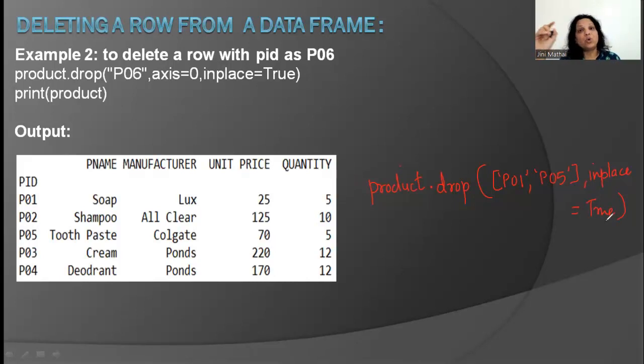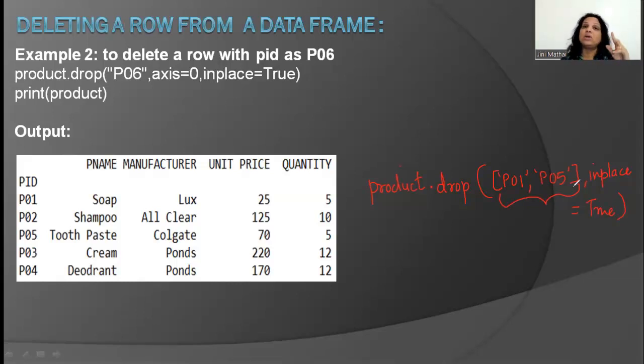Then in that scenario, what do I do? That means I'm talking about a generalized statement. Imagine if this had 1,000 records, out of which 100 records had quantity less than 5. Are you going to be writing all those 100 records? No. Now, why did I show you this here? It's just to tell you that suppose the question said to drop rows with PIDs P01 and P05, not a condition-based question.